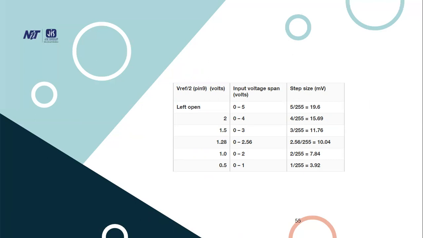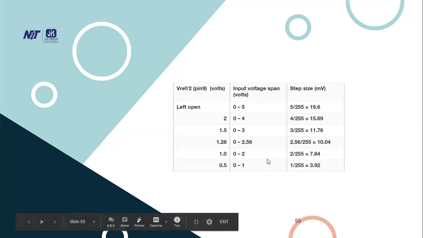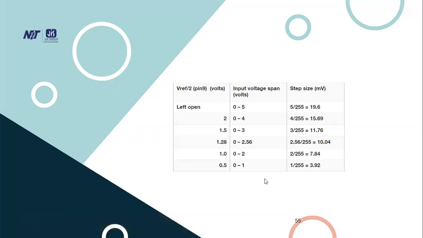Then 0 to 4 volt, it is 4 by 255, 15.69 millivolt. 0 to 3 volt span, then it will be 11.76 millivolt. 0 to 2.56, then step size is 10.04 millivolt. 0 to 2 volts, step size is 7.84 millivolt. 0 to 1 volt span, then step size is 3.92 millivolts. And the corresponding V reference by 2, pin 9 voltage is 0.5 down to 0.2, as shown in the table.